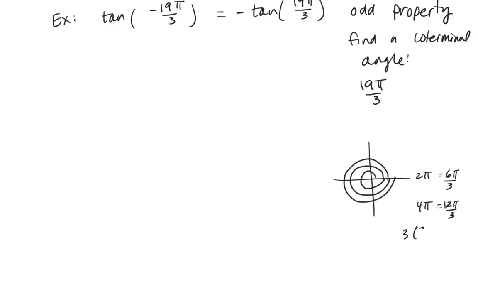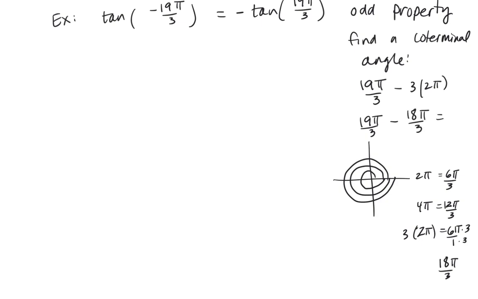That's 3 full rotations. 3 times 2 pi would be 6 pi. And then in terms of thirds, that would be 18 pi over 3. Okay, so it looks like we can subtract 3 full rotations. And in terms of thirds, 3 full rotations is 18 pi over 3.